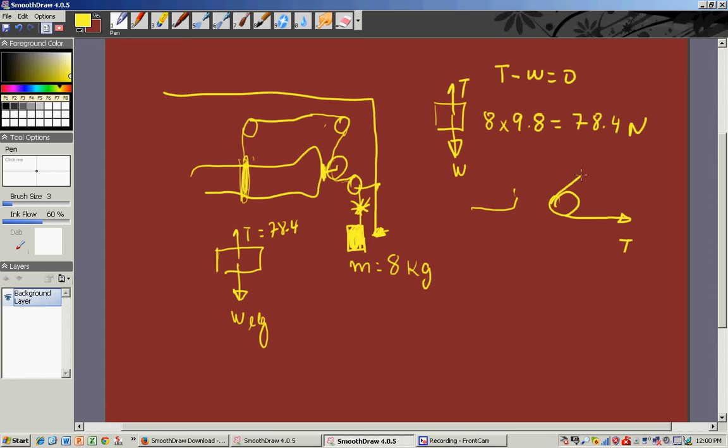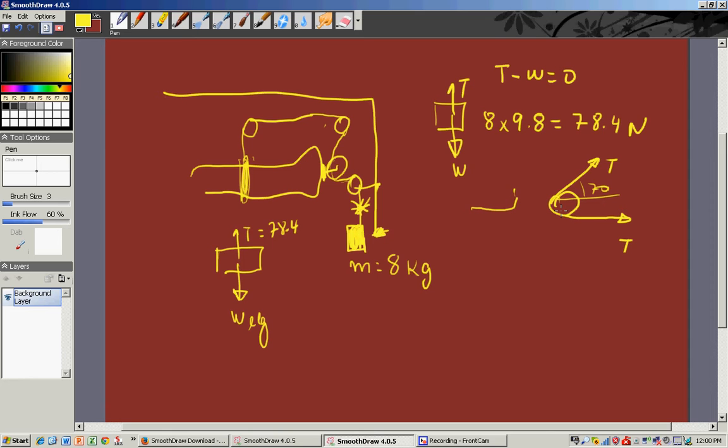Essentially, if you look at this pulley right here, what are the forces on the pulley? Well, the pulley has a tension T in that direction. It has a tension T in that direction, and the angle is given, isn't it? So we have an angle of 70 degrees.